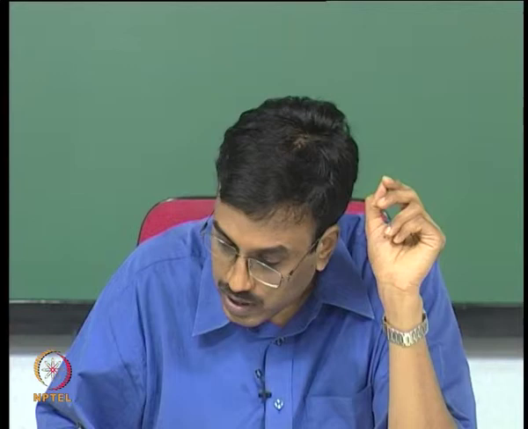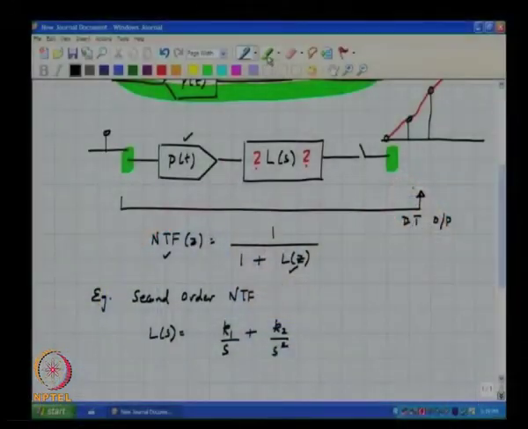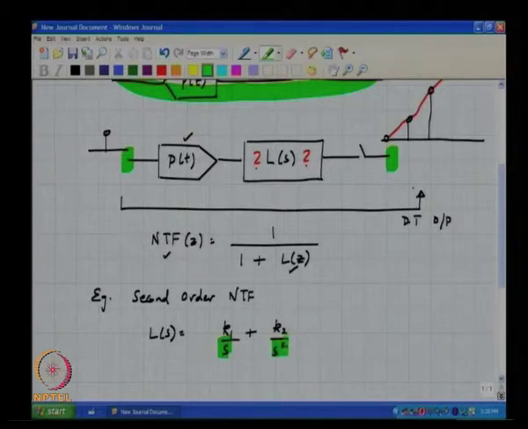No, please note that our L of S is somewhat restricted in the sense that we have already assumed the locations of its poles. The denominator polynomial of the loop filter has already been fixed by our choice of two integrators.